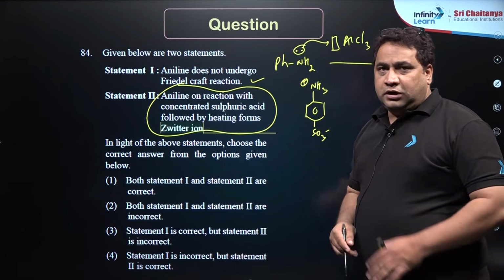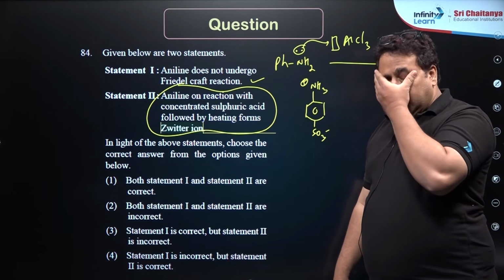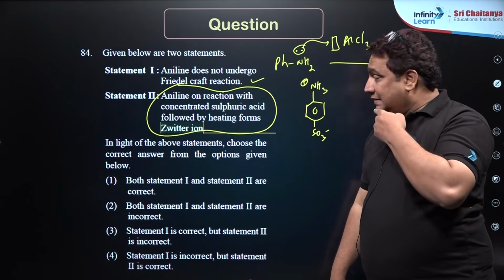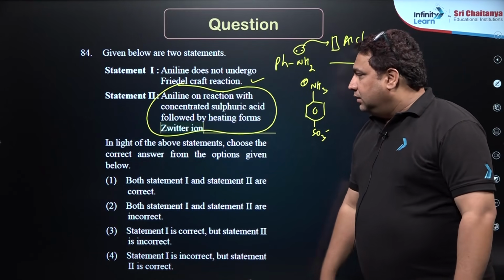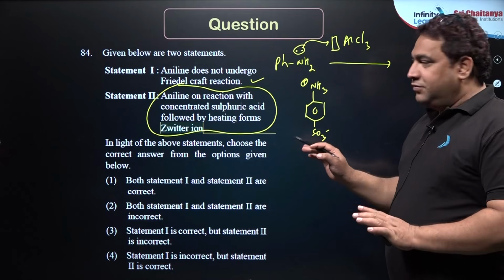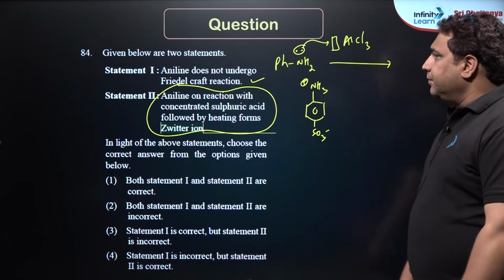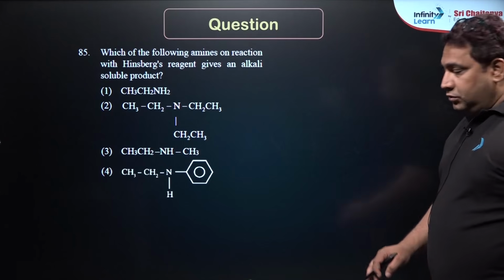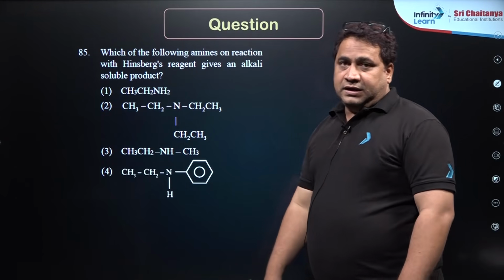So it is a type of zwitterion, but actually the word zwitterion is more broadly applicable to amino acids and proteins. Okay, broadly speaking we can say, but still I suspect the statement should be reframed. No problem, it's okay. Good question. The paper is very good, excellent, very nice, very standard paper given by the faculty.